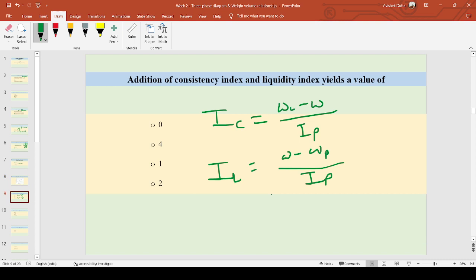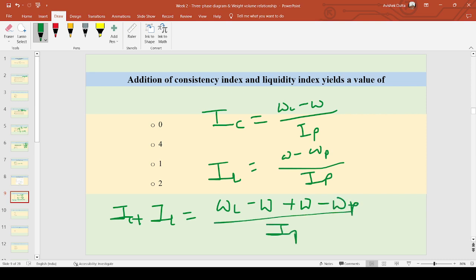Now if we add these two, what will we get? IC plus IL equals WL minus W plus W minus WP, divided by IP. Now minus W plus W gets cancelled.